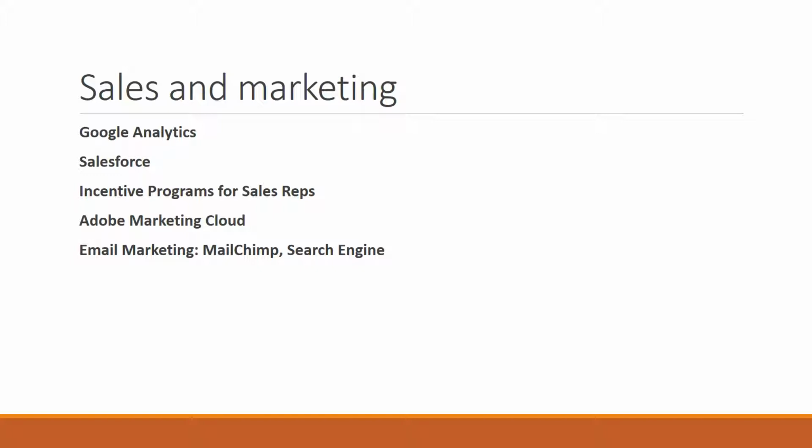And then we'll also utilize Adobe Marketing Cloud to be able to see the progress of our marketing campaigns, and then we'll use Mailchimp to market through email and other sources.